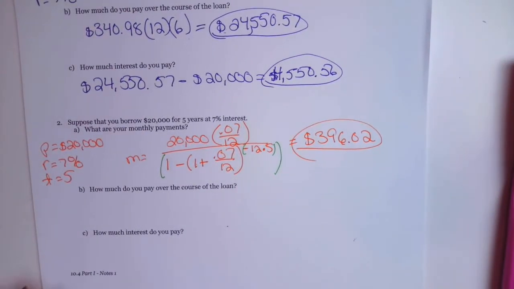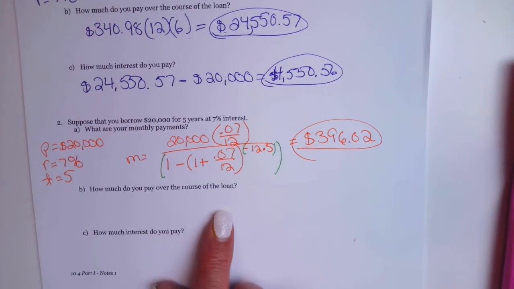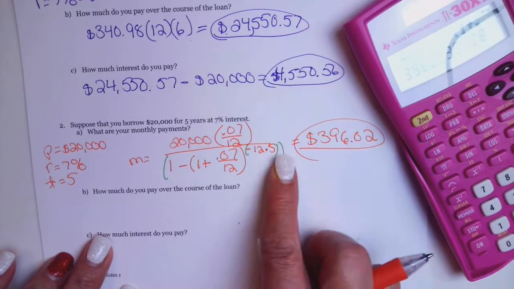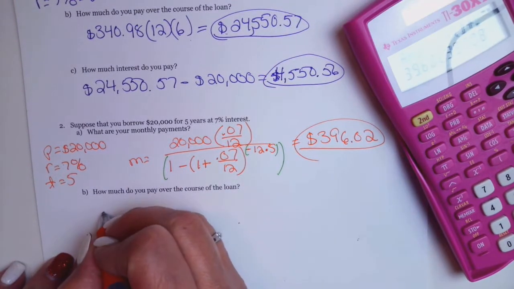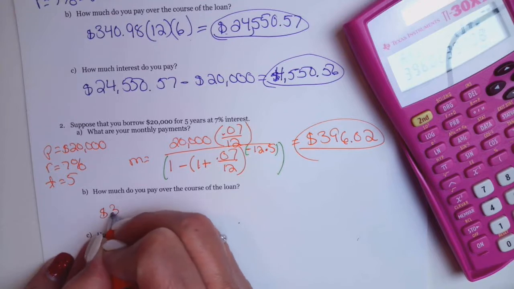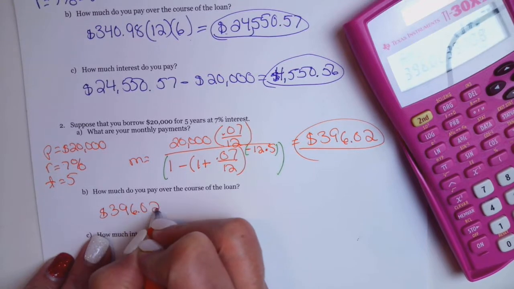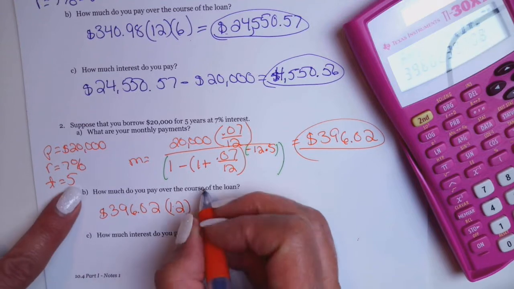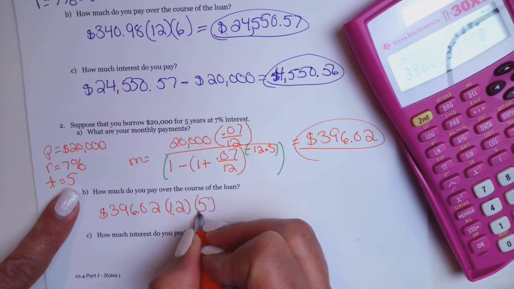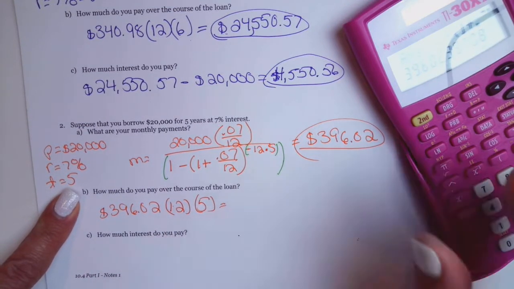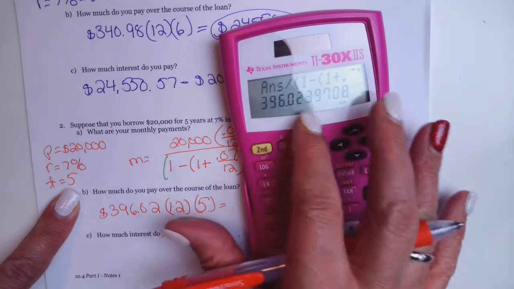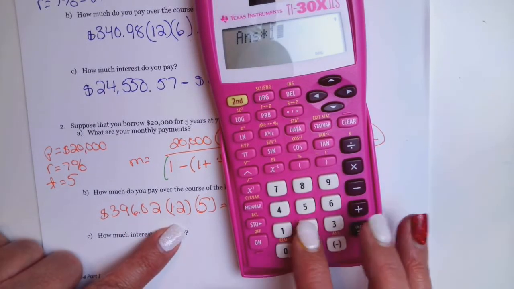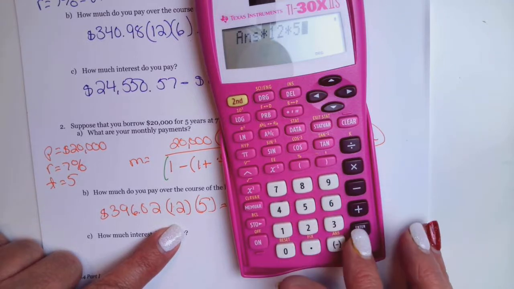So again, how much do you pay over the course of the loan? We take our monthly payment, $396.02, multiply that by 12 months because we have 12 months in a year, and then multiply that by 5 years. So I'm going to multiply by 12 and multiply by 5.